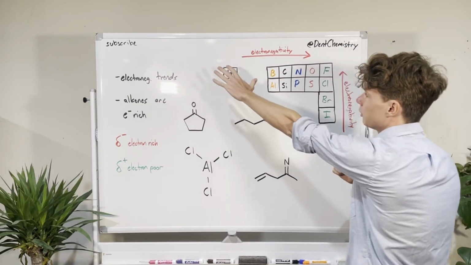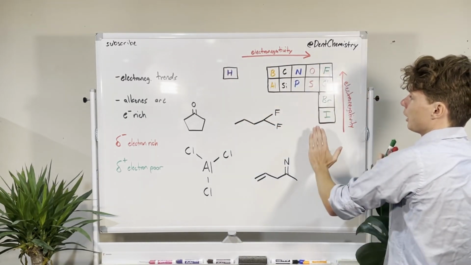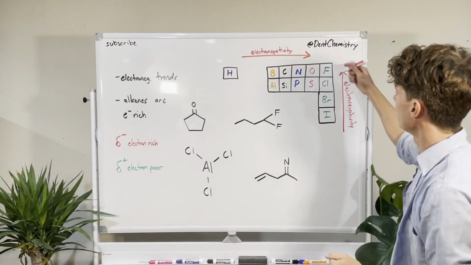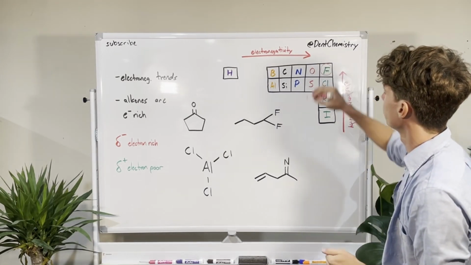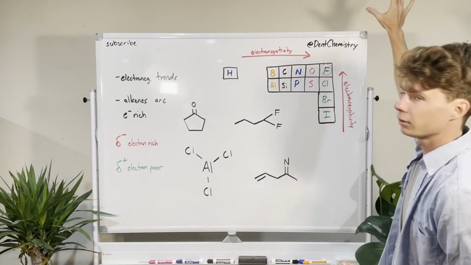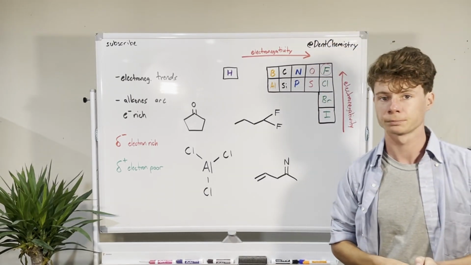Electronegativity increases as we go right and as we go up the periodic table. Fluorine is our most electronegative atom. So if you just remember one thing, remember fluorine. Most electronegative, all the way on the top right.